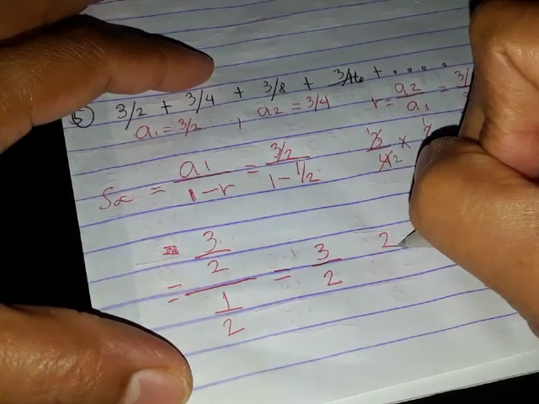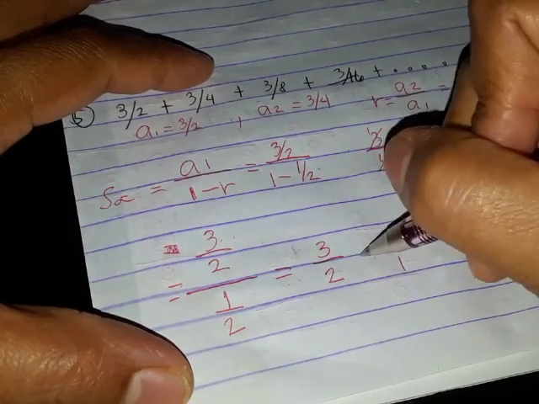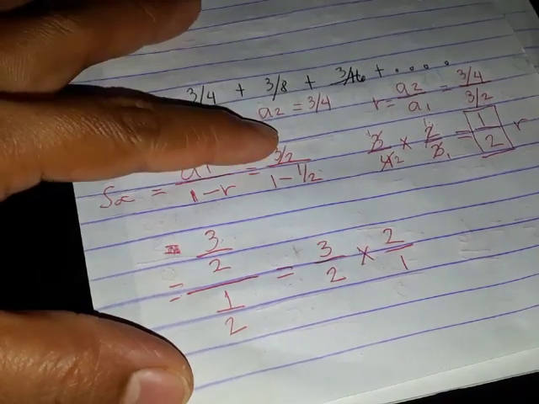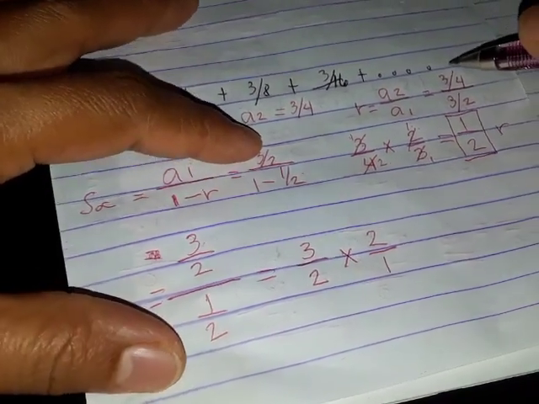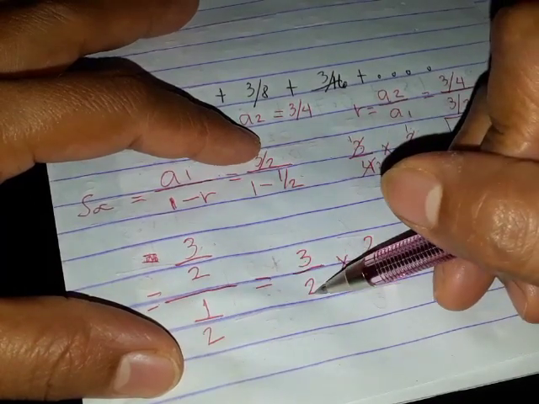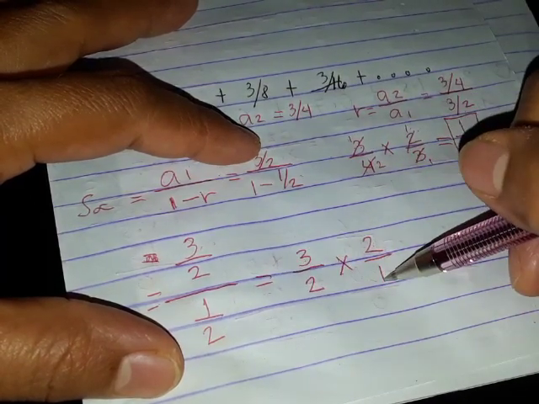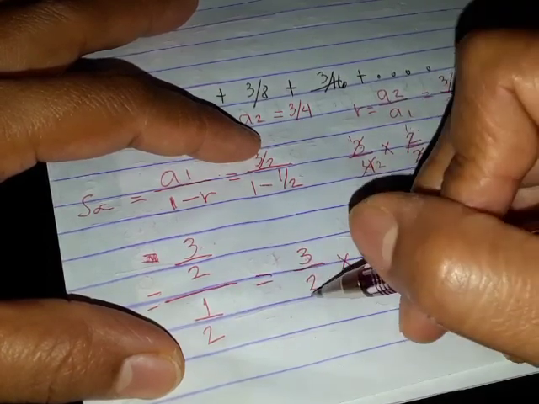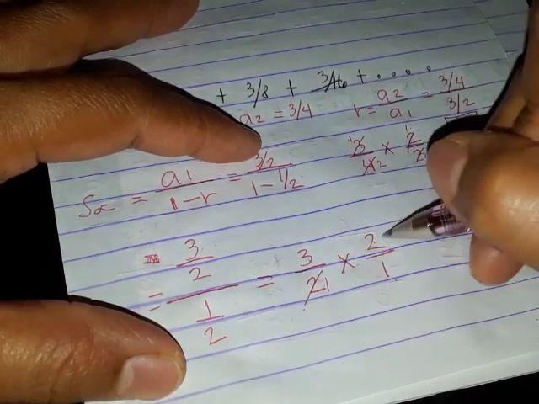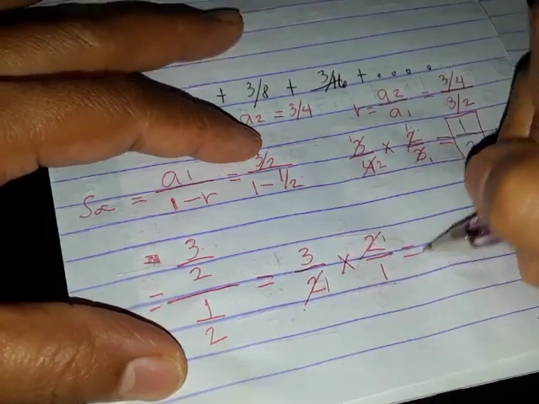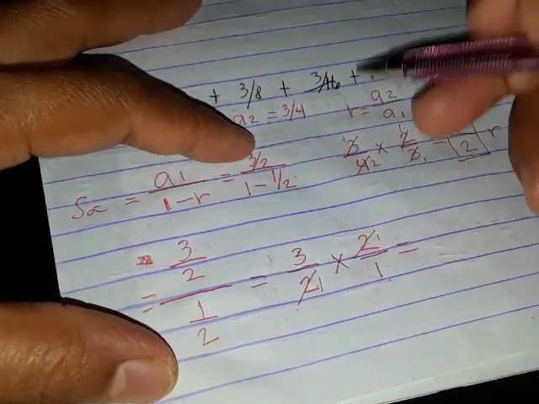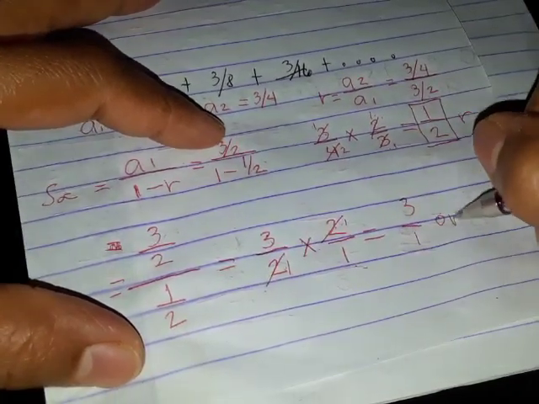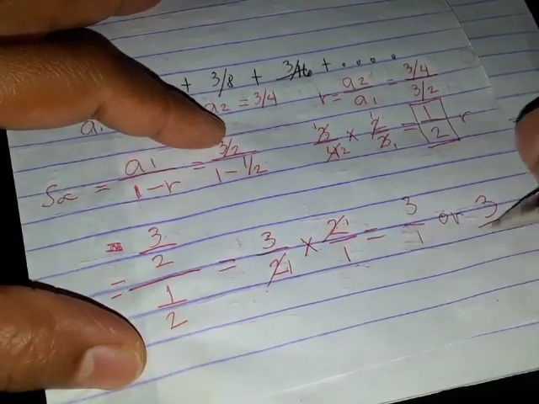Magiging 2 over 1. And then proceed sa multiplication. Pwedeng mag-cancel para lowest term na ang sagot. So, 2 and 2? Pwede. So, 2 divided by 2, 1. 2 divided by 2, 1. Next, 3 times 1, 3. 1 times 1, 1. Or simply, 3.